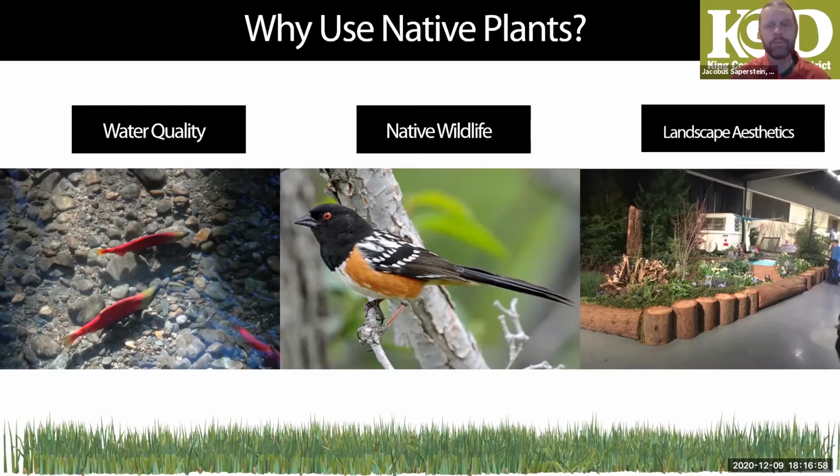The shade that the trees and the shrubs provide keep the water cool in the summer. The insects and the detritus that fall into the river from our native plants are really great for the whole riparian ecosystem.